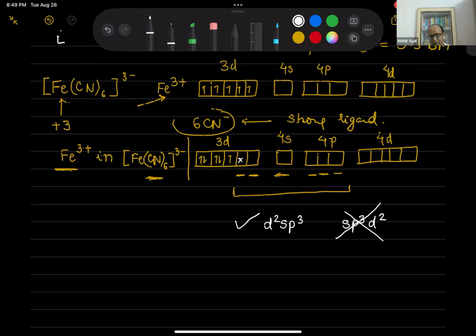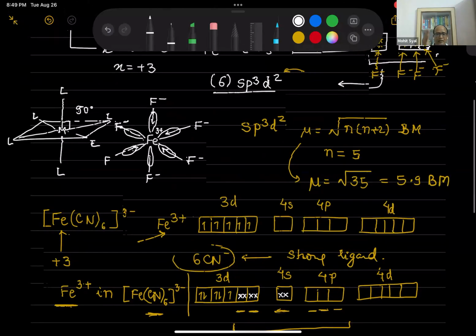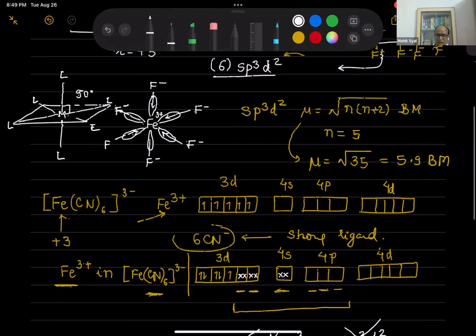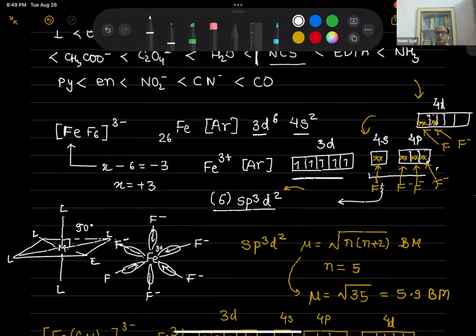Sir, what's the difference between sp3d2 and d2sp3? Actually, suppose you use the 3d orbitals, then 4s and 4p, if they are available as empty orbitals, then this hybridization is going to be d2sp3. And if the d orbitals are occupied, like in the above case, this one, no d orbital is empty.